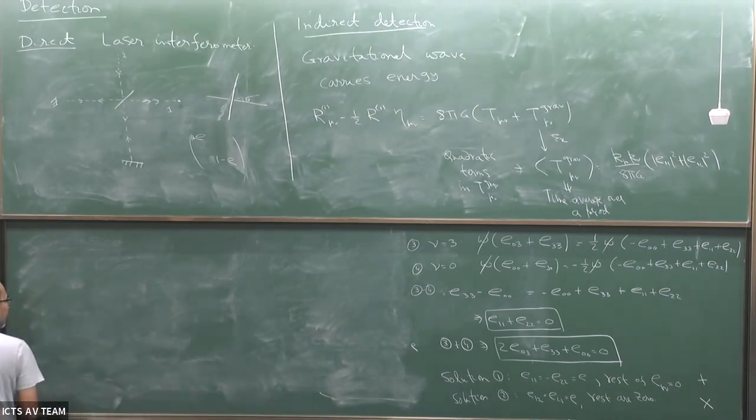A pulsar is basically, you can think of some object in the sky which gives out signal at regular, short intervals.